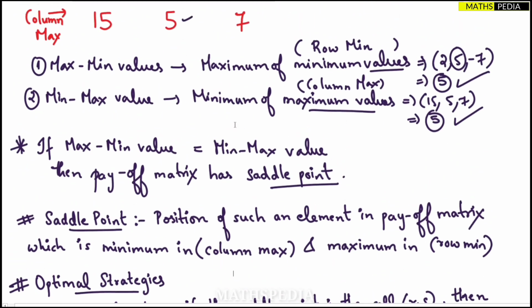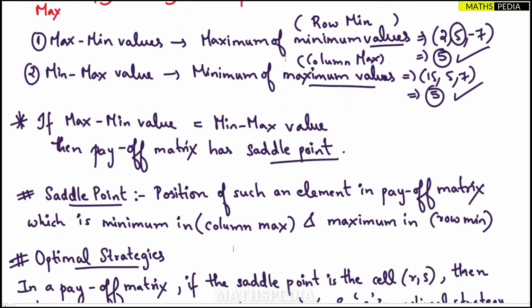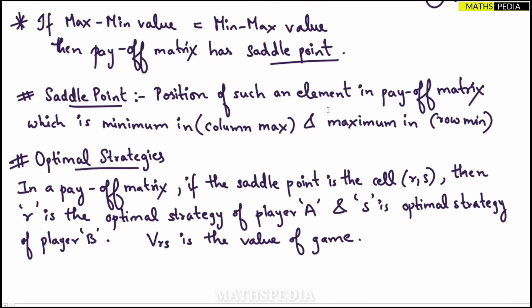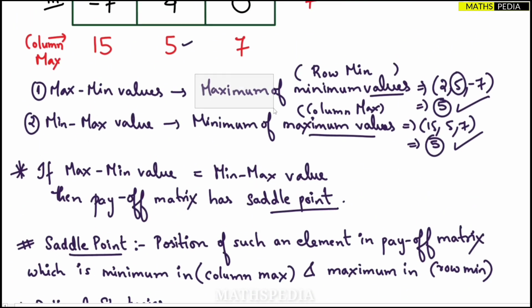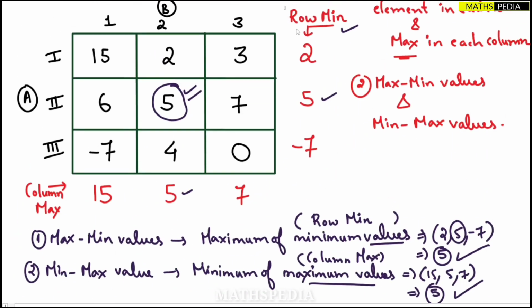That means we found out that column max should be the minimum value, which was 5. And maximum in row minimum. Maximum in what? Row minimum. So maximum in row minimum is nothing but 5, and minimum in column maximum is nothing but 5.